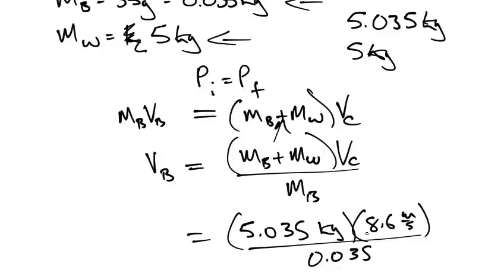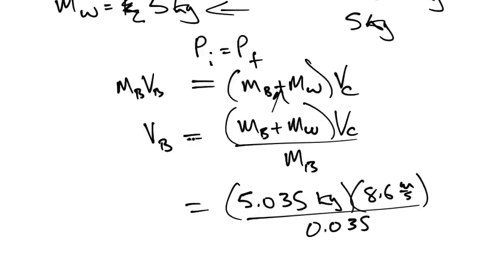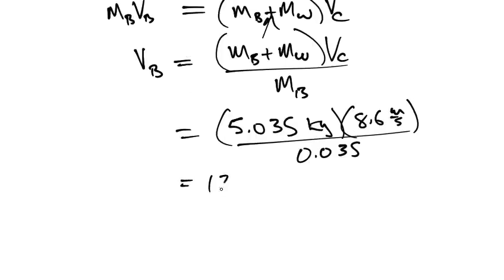Get our calculator out. And we're going to go 5.035, enter, 8.6 times 0.035 divided by. And we're getting 1,237. So, let's write that down. 1,237 meters per second is the original velocity of the bullet.